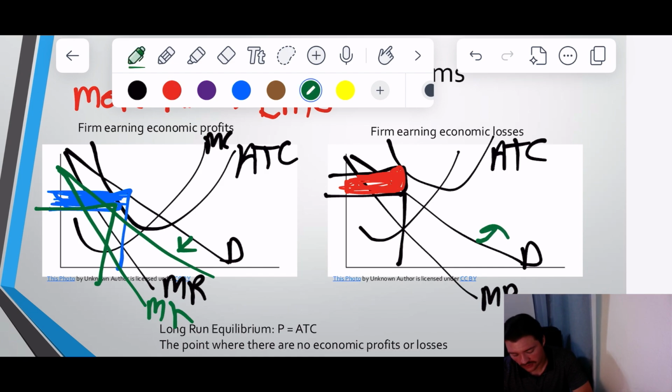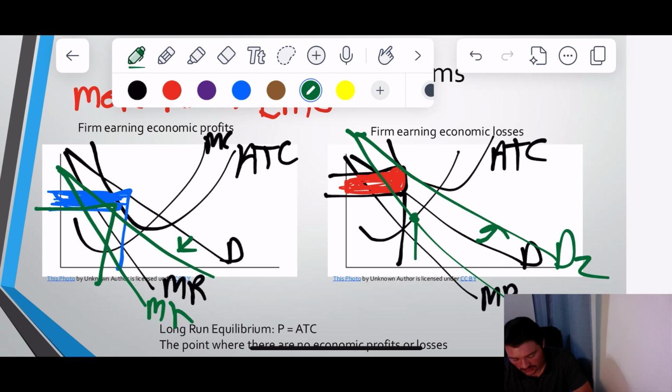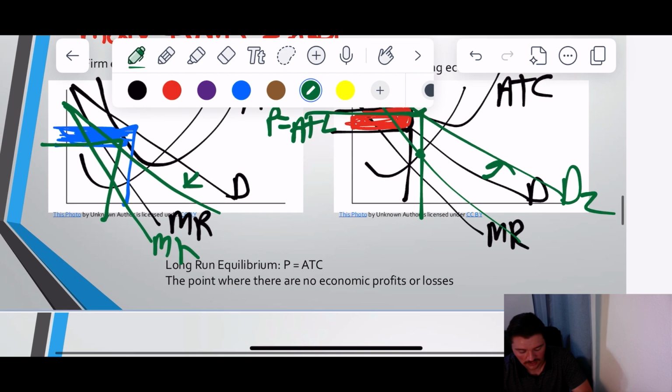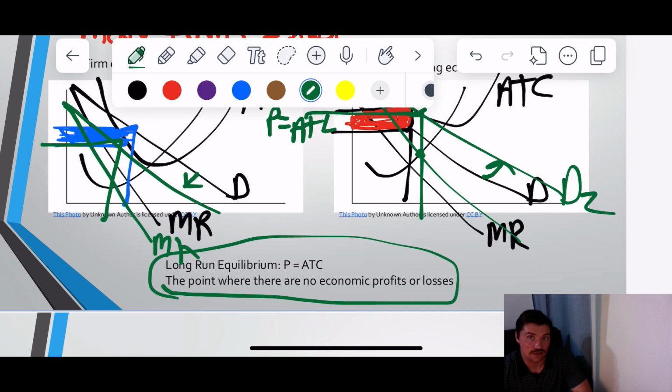The demand for Starbucks is now increasing, okay? And then that increases the marginal revenue here to where now, guess what happens? Your price is equal to your ATC, okay? So the point where there's no economic profits, that's your long run equilibrium.